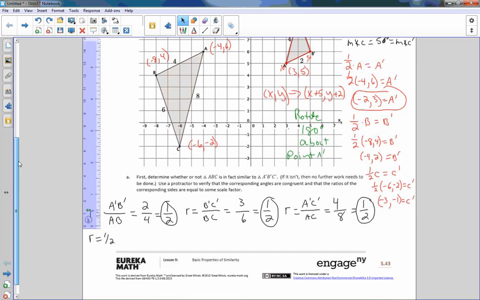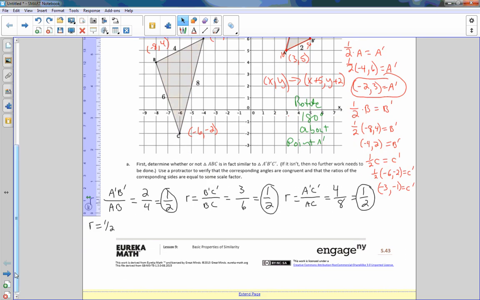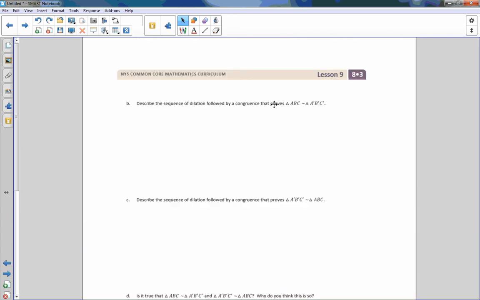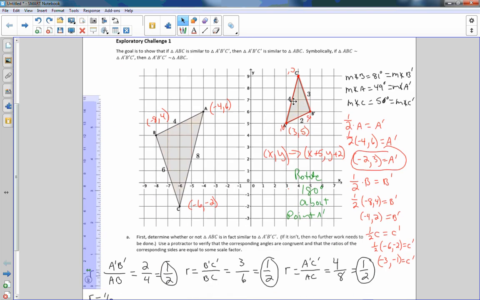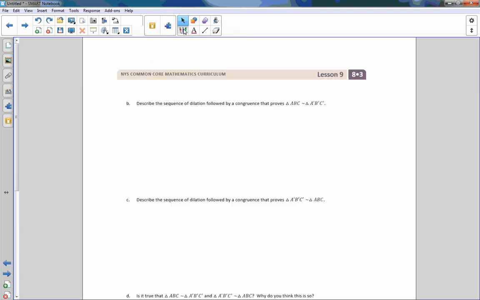Okay, so if I wrote down the answer to this question, describe a sequence, I need to go back and look. The first thing I did was I scaled it down a half. So I would say scale by a factor of 1/2. That was step 1.